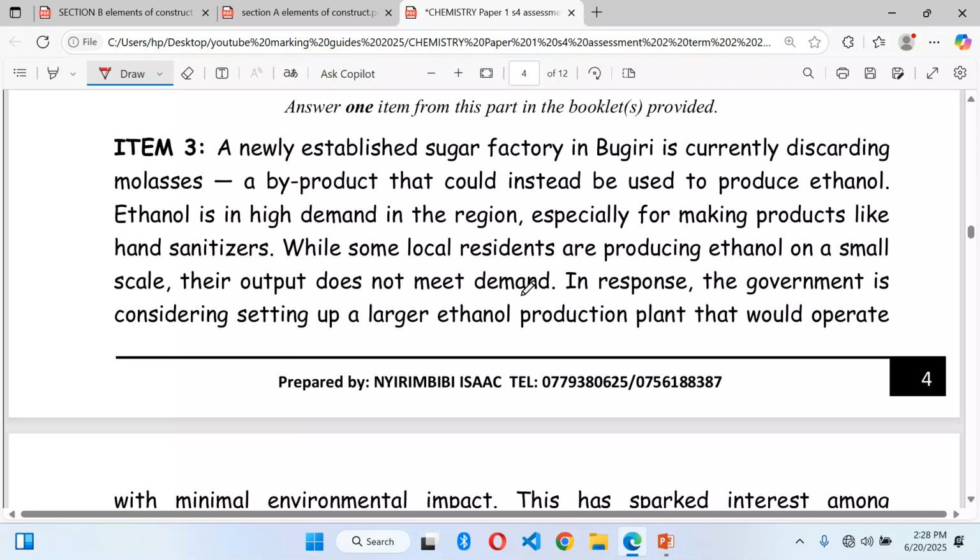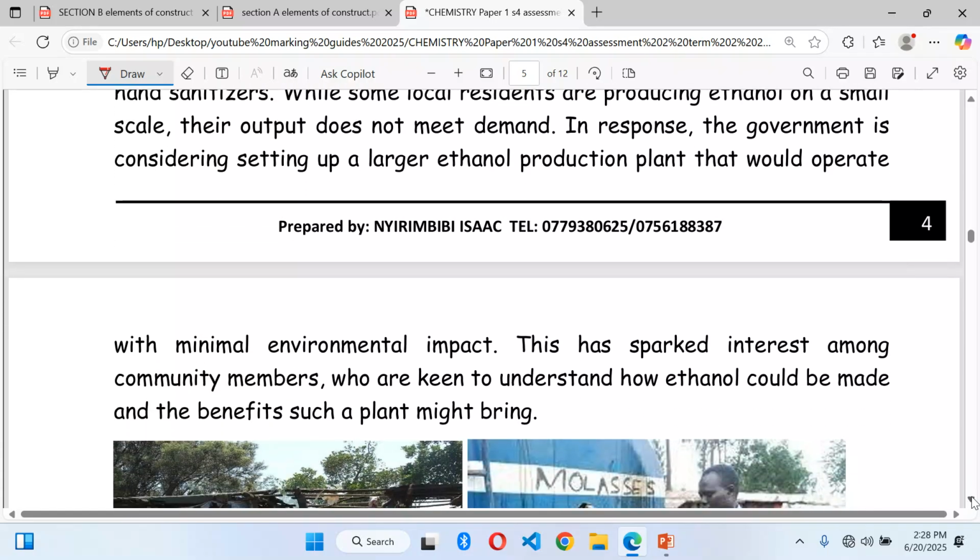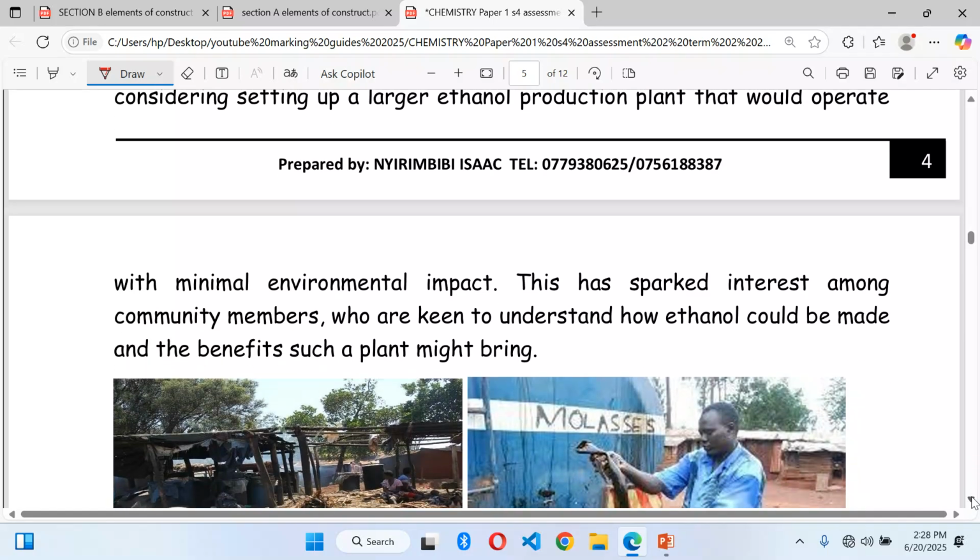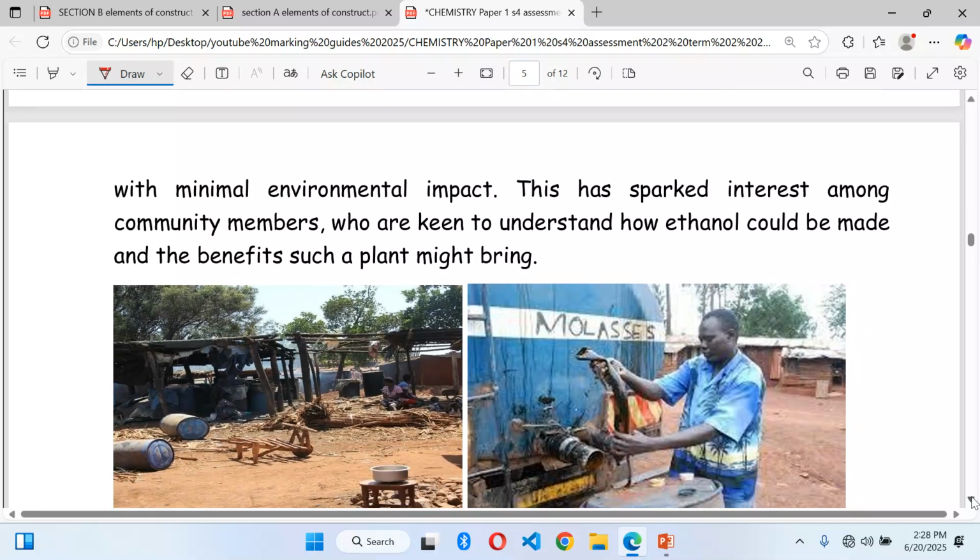So in response to this problem, the government is considering setting up a larger ethanol production plant that would operate with minimal environmental impact. This has sparked interest among community members who are keen to understand how ethanol could be made and the benefits such a plant might bring.